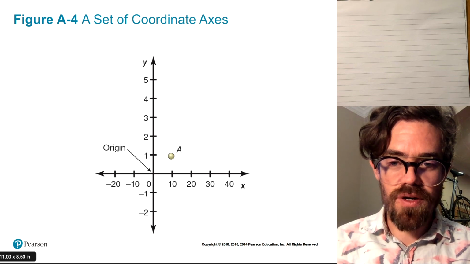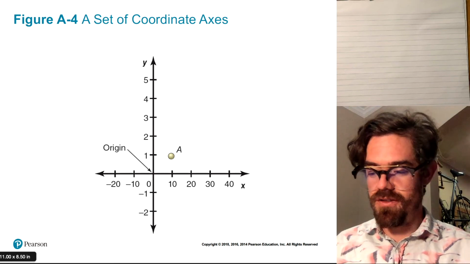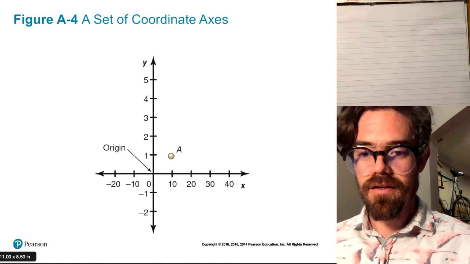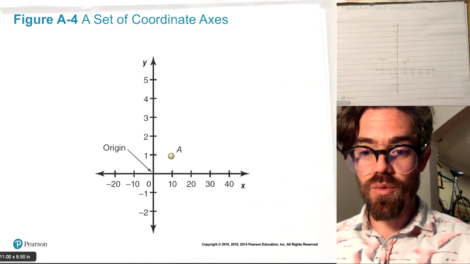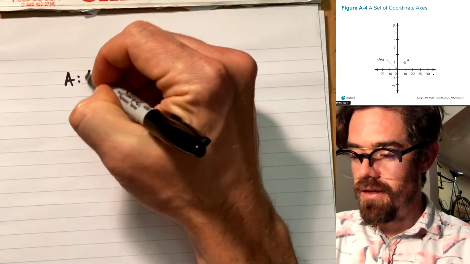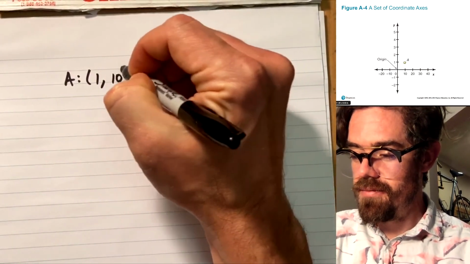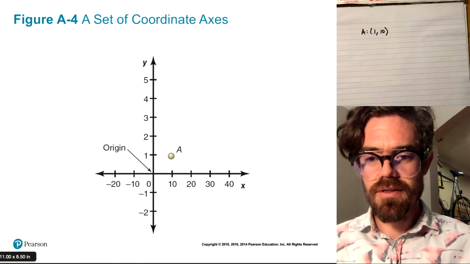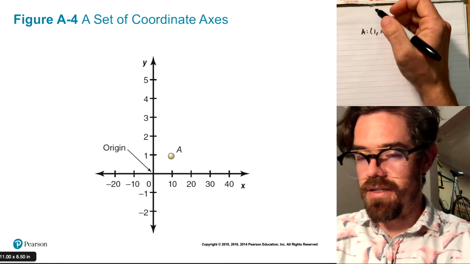And this point here, point A, if I wanted to label it, its coordinates, right, would be 1, 10. Okay. So, oh, I'm sorry, I got that wrong actually.